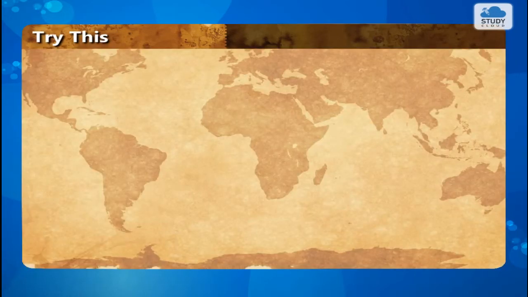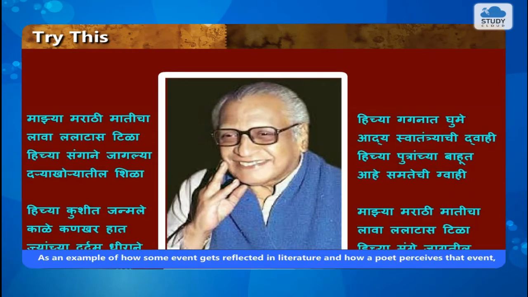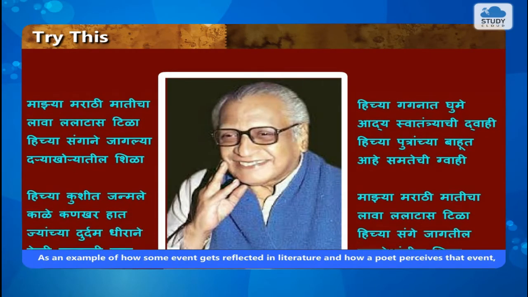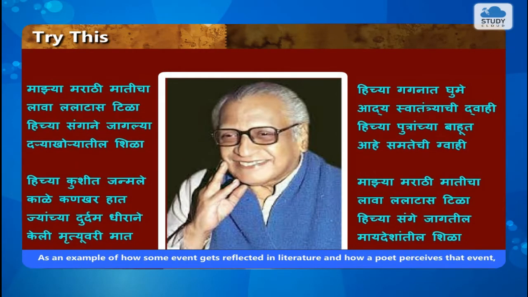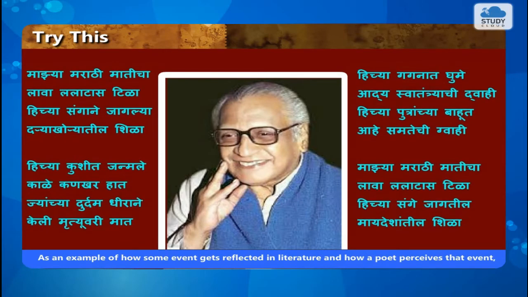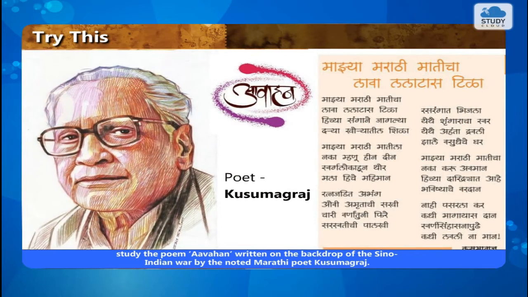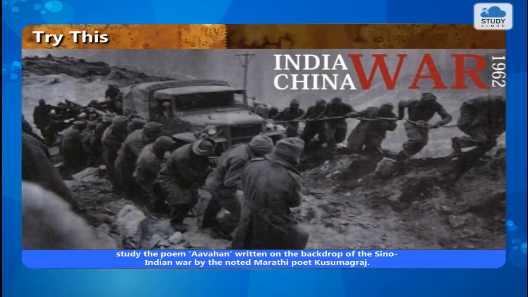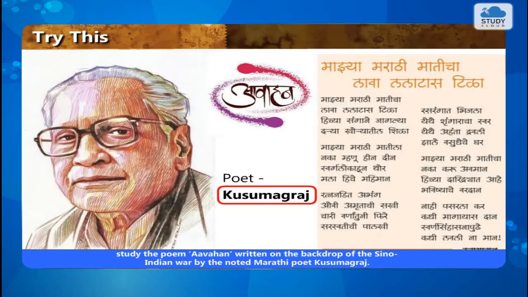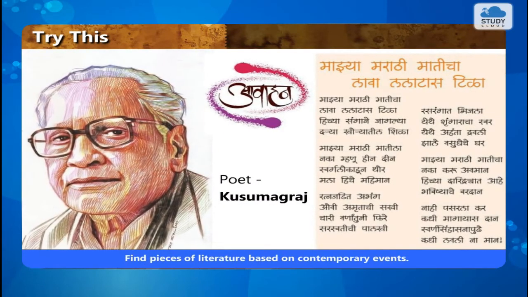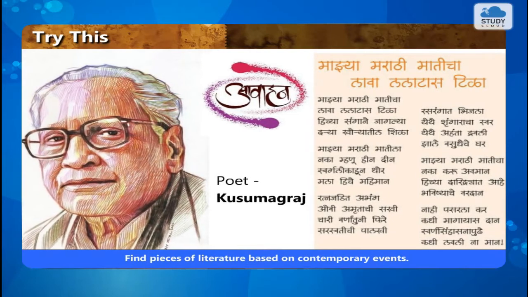Try this. As an example of how some event gets reflected in literature and how a poet perceives that event, study the poem Avahan, written on the backdrop of the Sino-Indian War by the noted Marathi poet Kusumgraj. Find pieces of literature based on contemporary events.